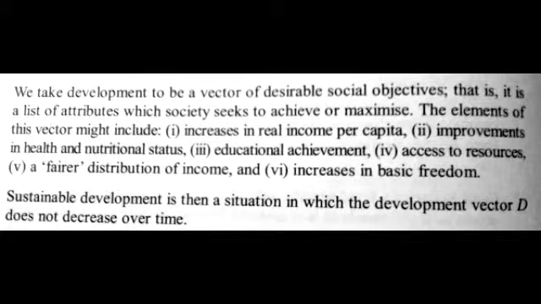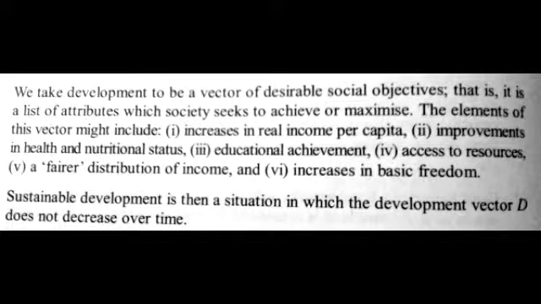We take development to be a vector of desirable social objectives, that is, a list of attributes which society seeks to achieve or maximize. The elements of this vector might include: 1. Increase in real income per capita, 2.